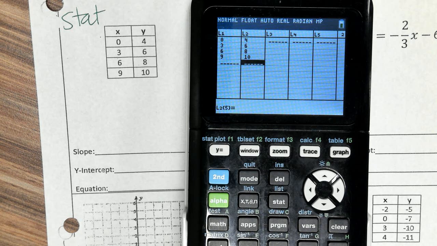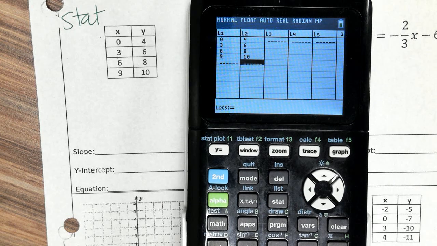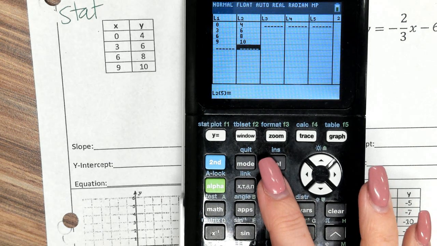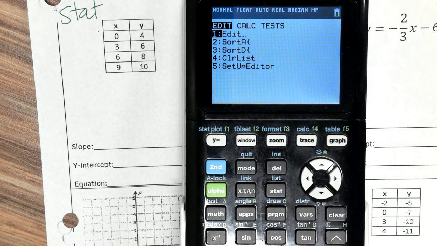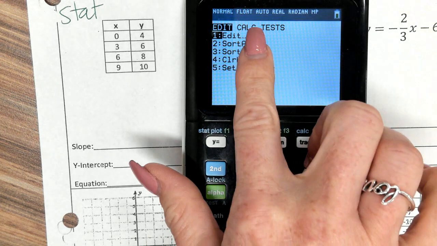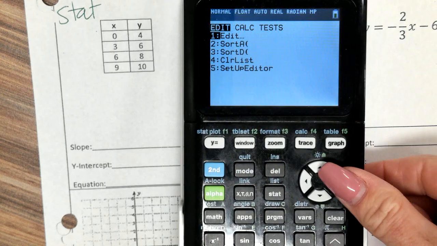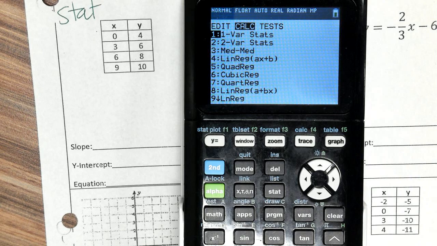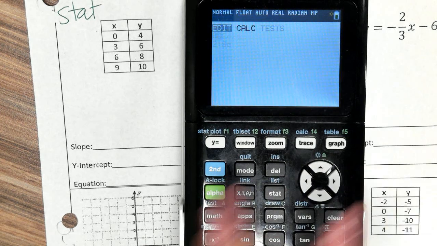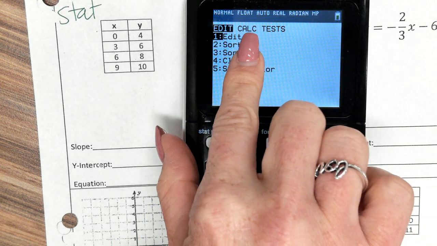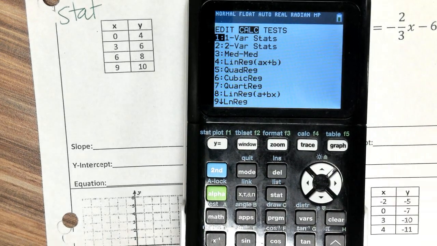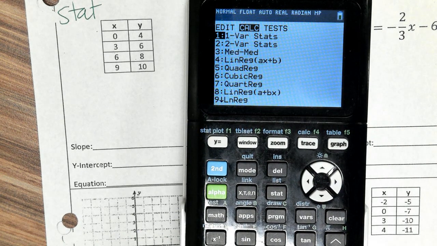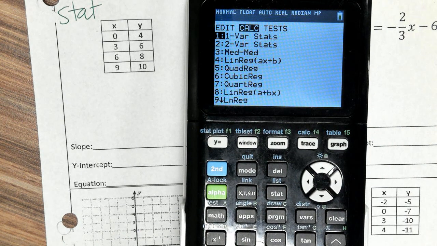Now to solve it, you're going to hit the stat button again. Everybody hit stat. We want it to calculate the answer, so arrow to calculate. I'm going to say it again. Hit stat again and arrow over to this calc. And what option are we going to choose? 4.